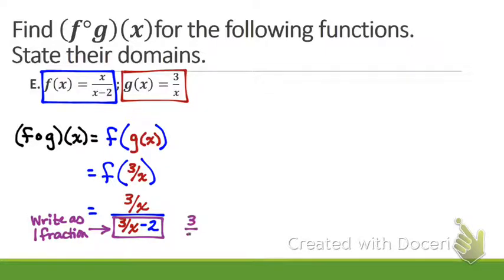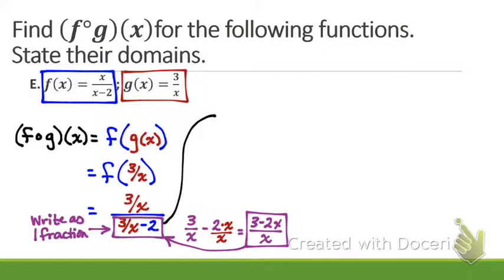I need a common denominator. What should my common denominator be? X. So I'm going to need to multiply the top and the bottom by x. So in my numerator, I would have 3 minus 2x. And what would I have in the denominator? Just x. This is my new denominator.